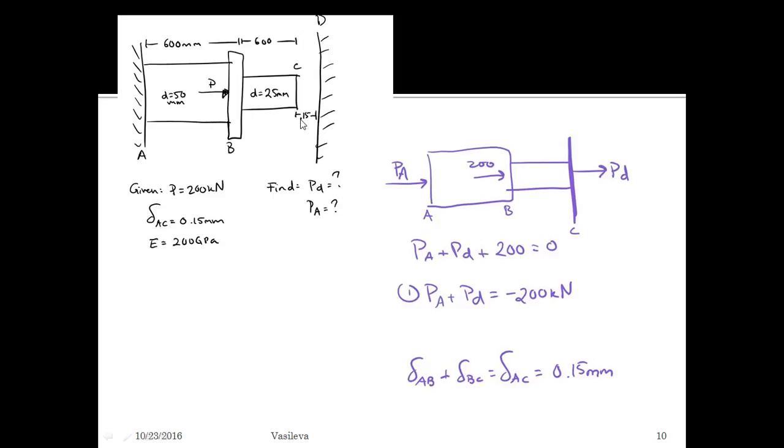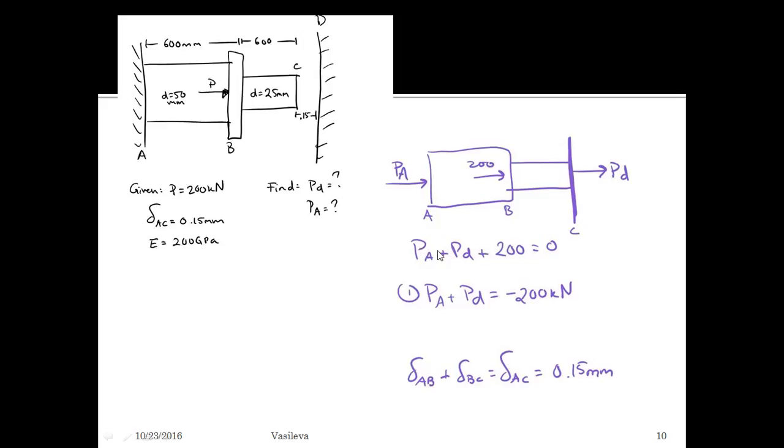It'll cause a 0.15 millimeter displacement, which in the end, point C will be so displaced that it will end up touching wall D. So you're going to end up having a force PA at wall A. You have the 200 kilonewton force, and then you're going to have a third force PD at wall D, because point C is eventually going to touch wall D because of this 200 kilonewton force.